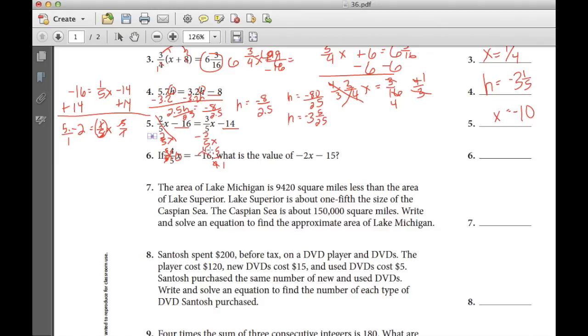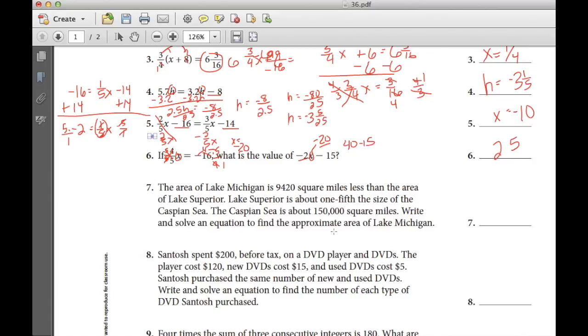Negative 4 times 5 is negative 20. So x equals negative 20. Negative 2 times negative 20 is 40, and 40 minus 15 is 25.